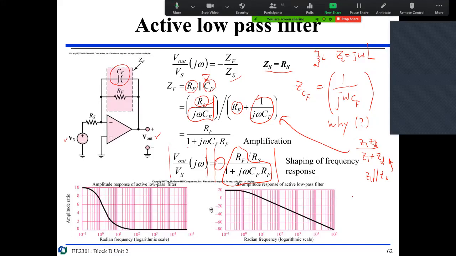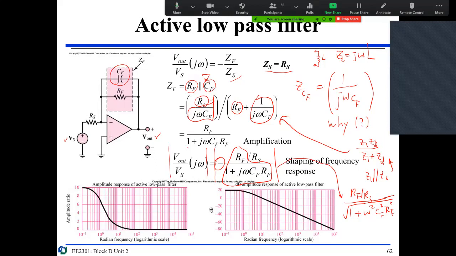So what I'm going to get is RF divided by RS, magnitude is still the same. But the magnitude in here is 1 plus omega squared CF squared RF squared, under a square root. For a complex number, the magnitude is the real part squared plus imaginary part squared, then square root. So this will give you this, okay?